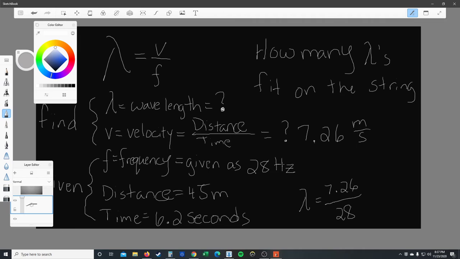Now, when you say hertz, I usually like to think of it as how many times per cycle. So basically, it happens about 28 times per whatever unit you're using. This velocity is given in meters per second, and this is given in hertz.